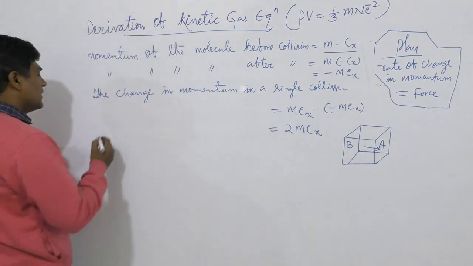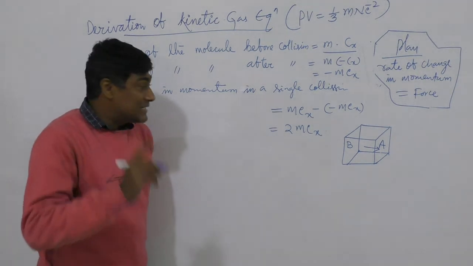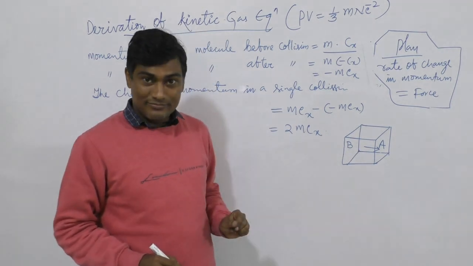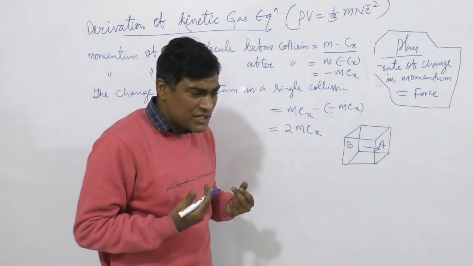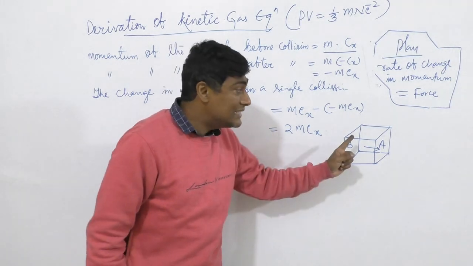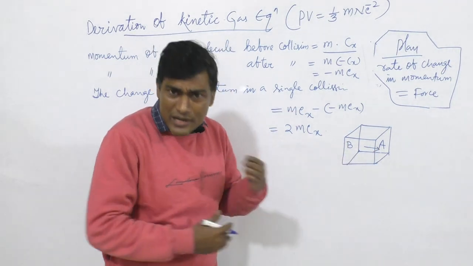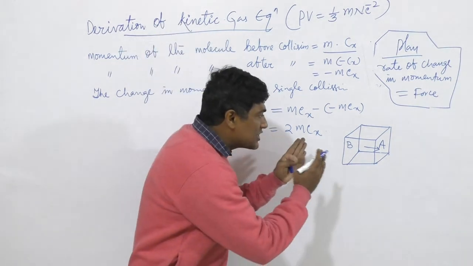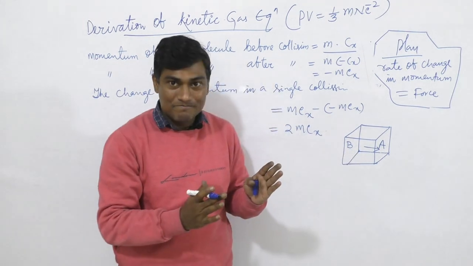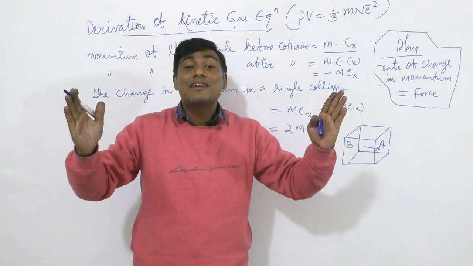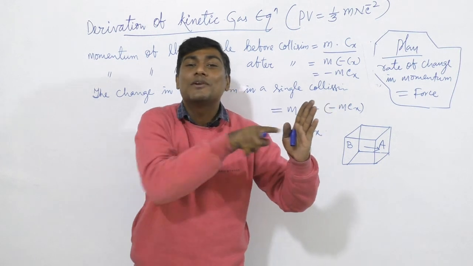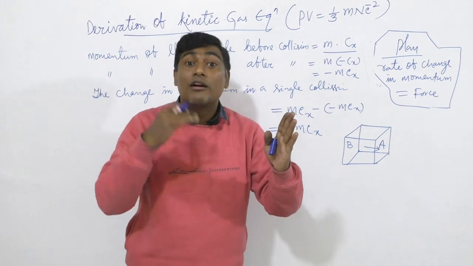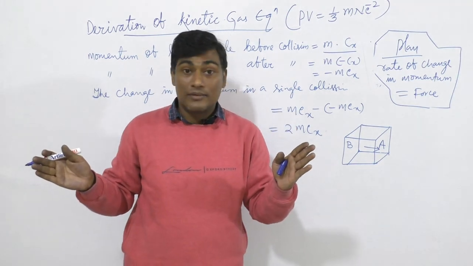You tell me, the higher the velocity, the greater the number of collisions. Definitely, it will move faster and collide with the face more frequently. Similarly, if the distance between face A and face B is higher, there will be fewer collisions, because it has to cover a larger distance, right?